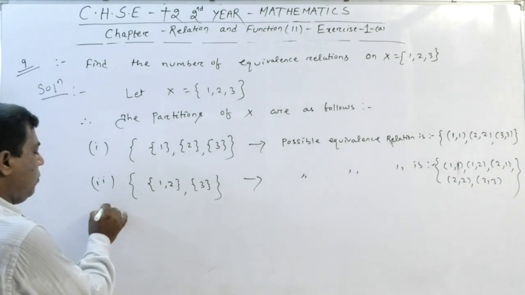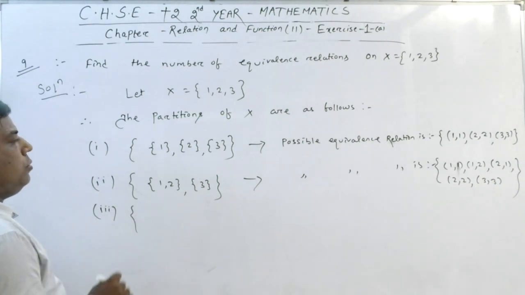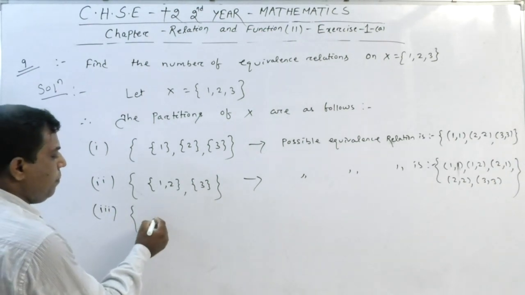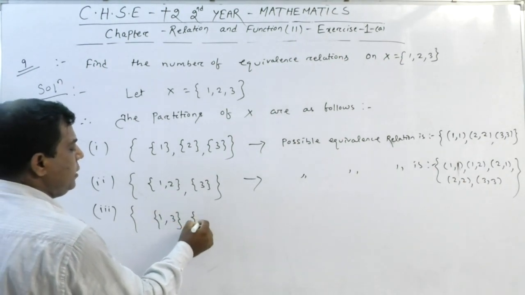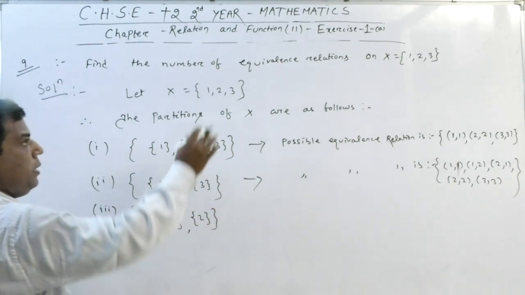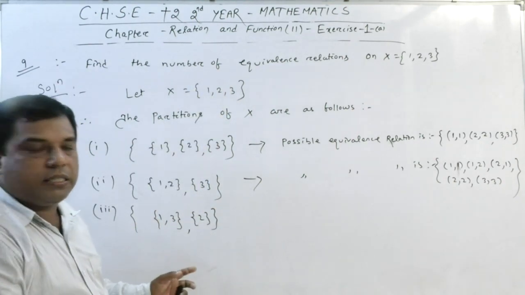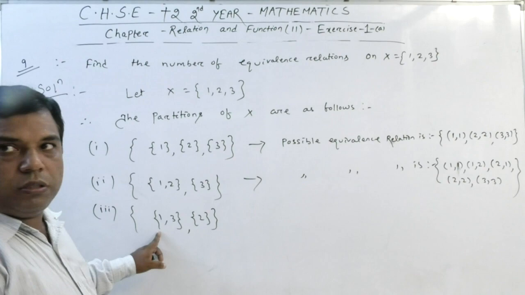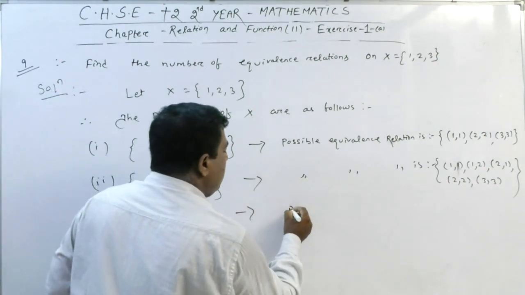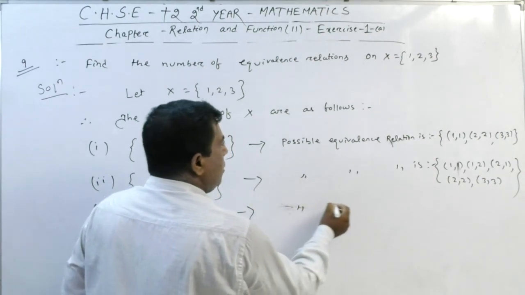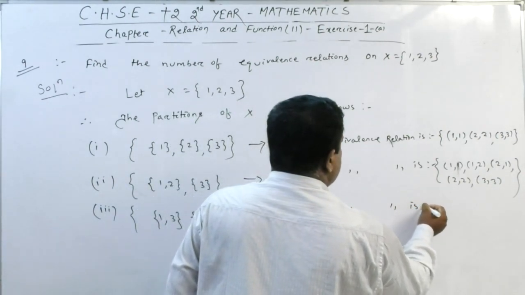Now you have an idea, I hope you have an idea. Next, what to do? How to make a partition? I keep {1, 3} as a subset and {2} as another subset. So I split X into different subsets whose union is equal to set X and whose intersection is empty. So the possible equivalence relation is what to write?